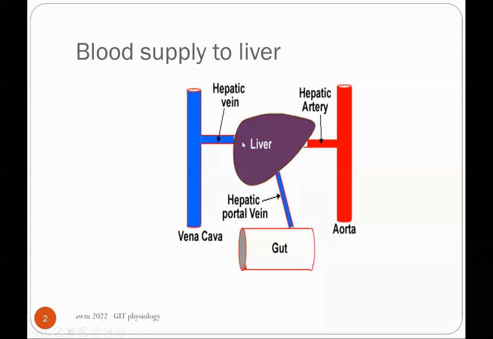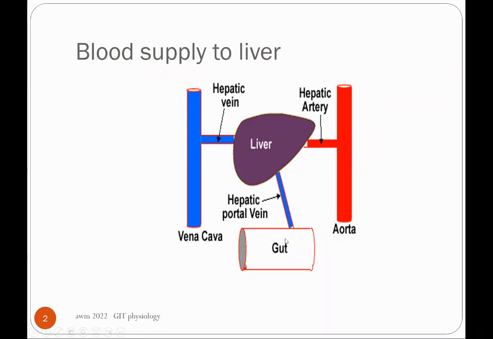And then the liver is drained by the hepatic vein, okay? So you've got two sources of blood from the hepatic portal vein and from the hepatic artery, and then it's drained via the hepatic vein. Eventually it ends up in the vena cava, and that's how it ends up on the venous side of the circulation. So that is what is important.